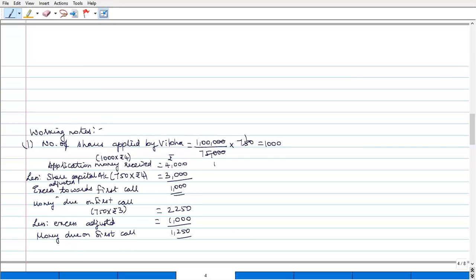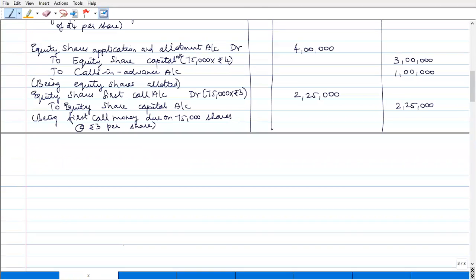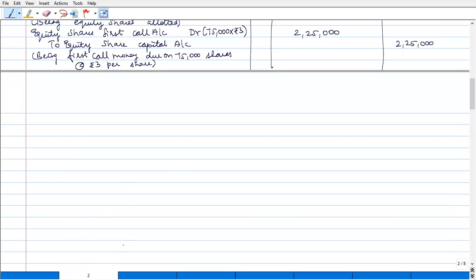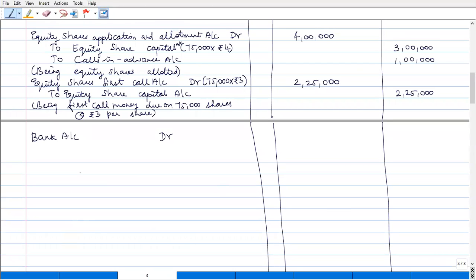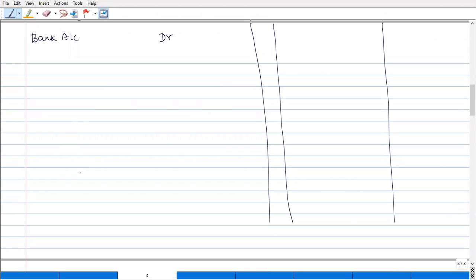Now we will pass the entry for the money received on first call. Okay. Credits bank account debit. We already have credited calls in advance account, so we have to debit calls in advance account here.